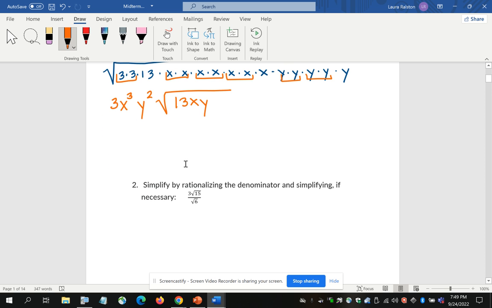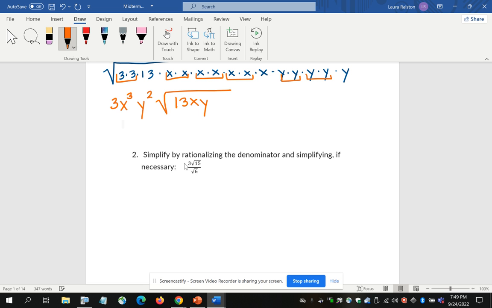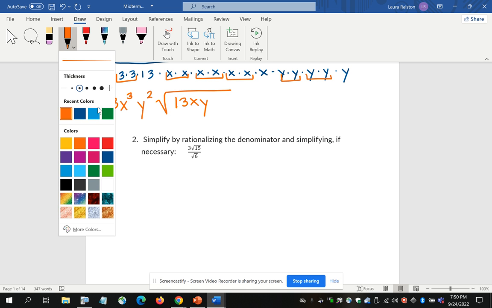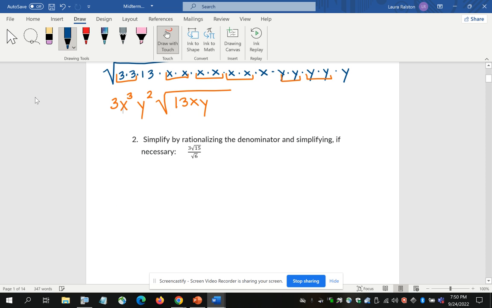The next question says simplify by rationalizing the denominator and simplifying if necessary. So remember that you cannot have a radical in the denominator of a fraction. And this problem even tells you how to solve it by rationalizing the denominator.